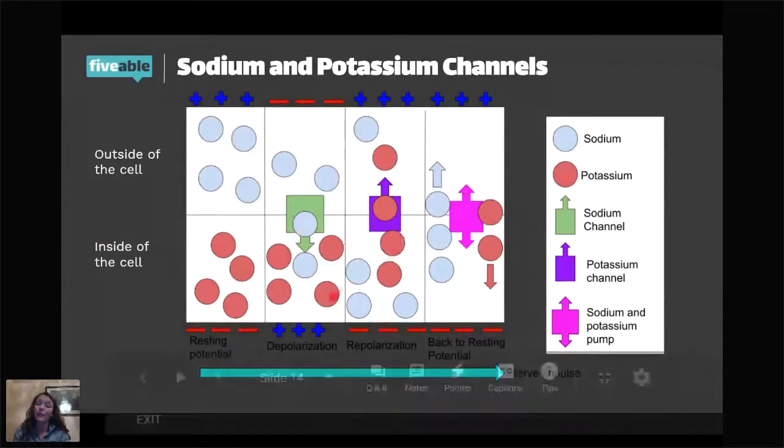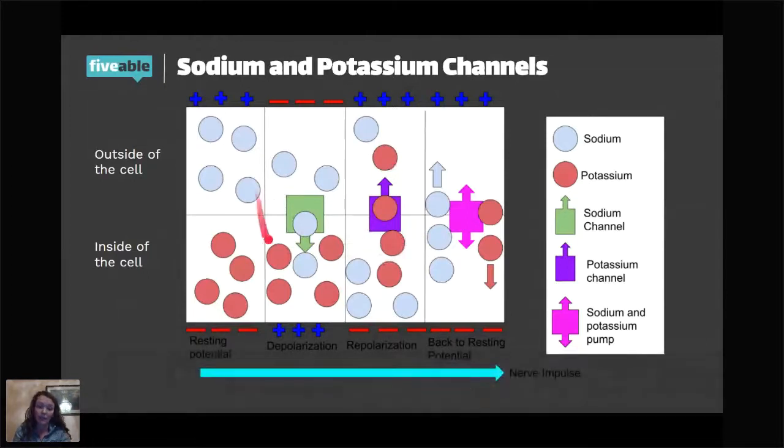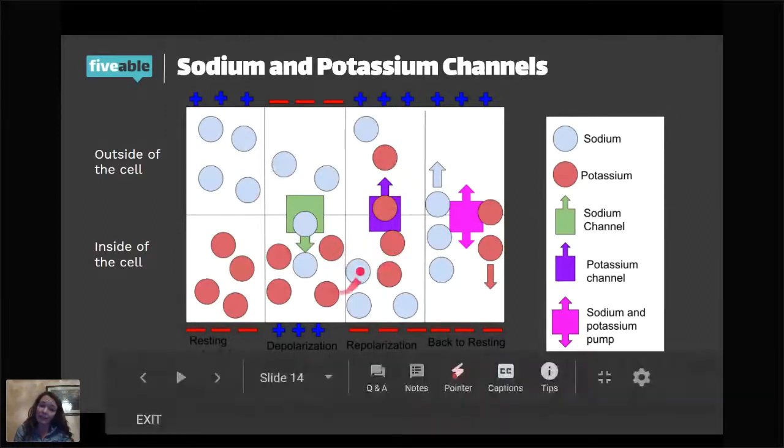It's positive, so it can only get through the membrane with a protein channel. So both of these are examples of facilitated diffusion, keeps us alive every day, okay? And this potassium will leave the cell through the potassium channel, because again, from high concentration inside of the cell to low concentration outside of the cell.